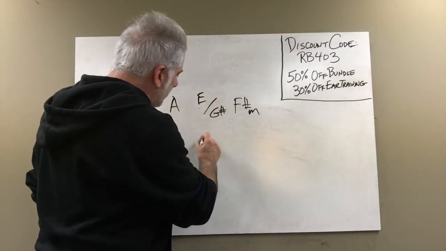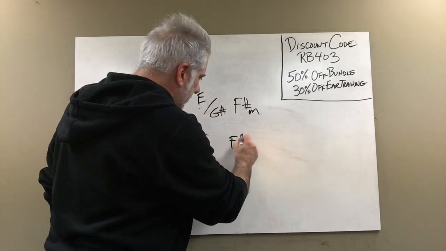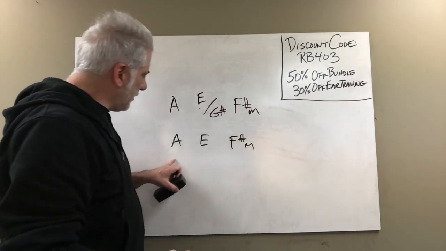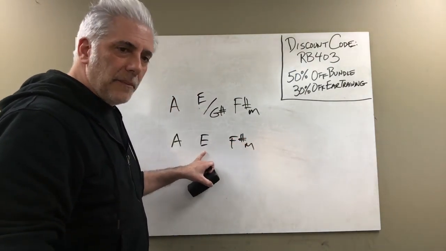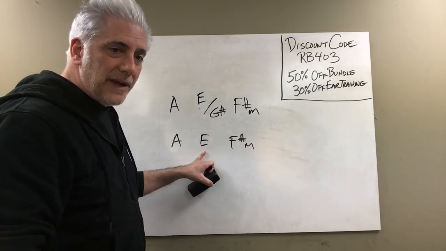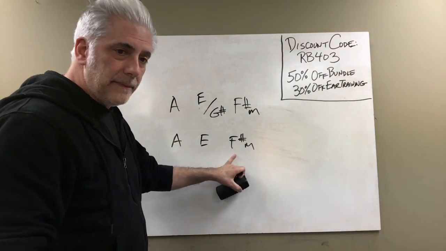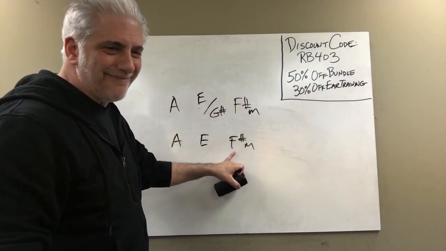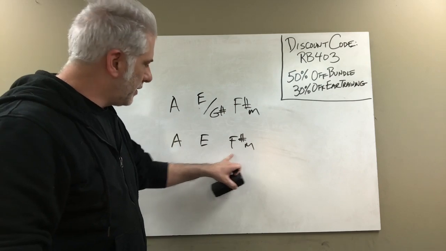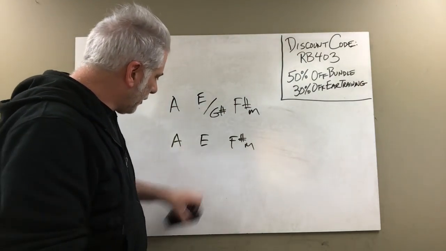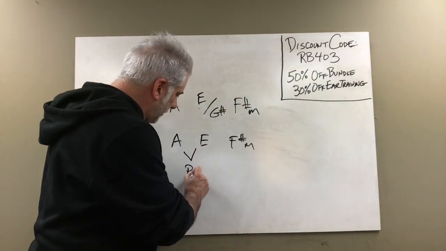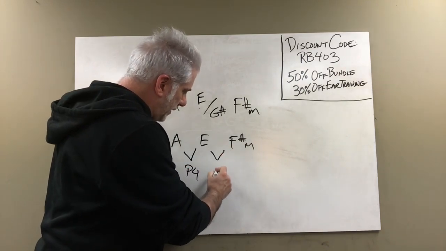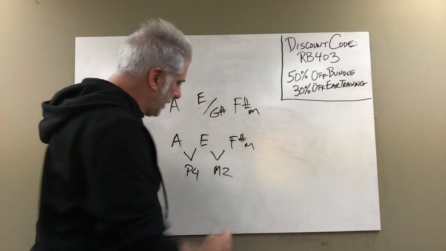The progression could have been A, E, F sharp minor, like that. Well, this motion here is going down a fourth and then up a step. Or we could go up a fifth and then up a step. That's probably not, well, you could, but go down a fourth. This is going down a perfect fourth, and this is going up a major second, your bass line.